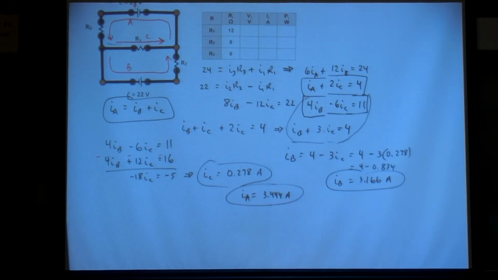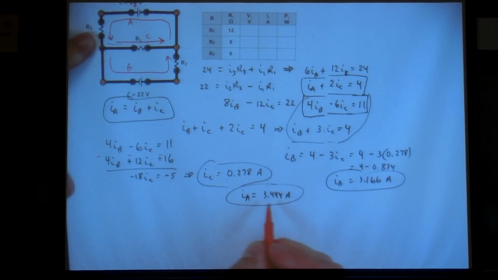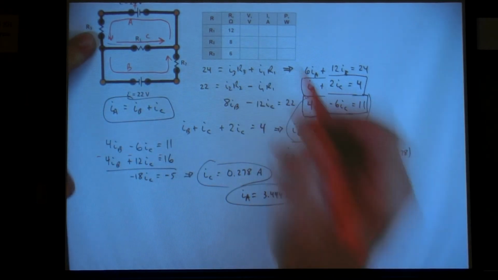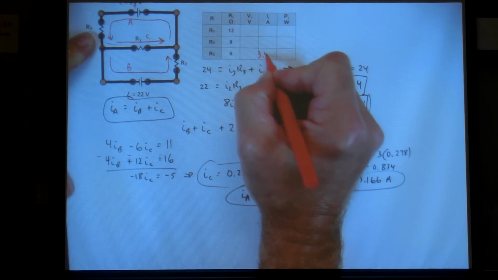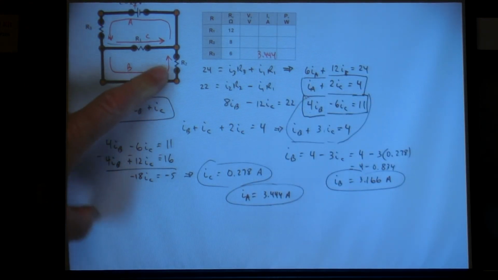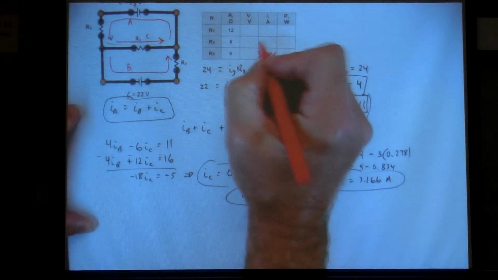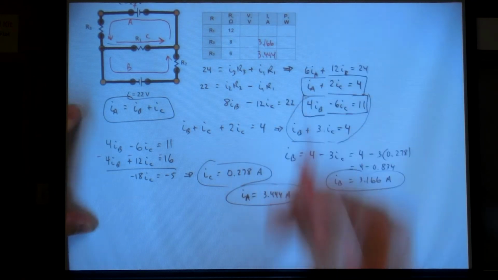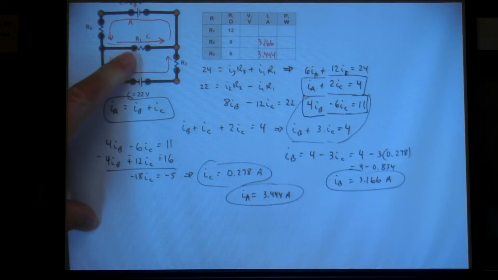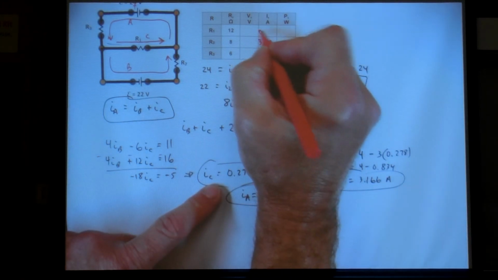So I go back up to my chart. You say, okay, number 3, that was IA, so that's 3.444. Resistor 2, that was current B, 3.166. And resistor 1, that's current C, 0.278.